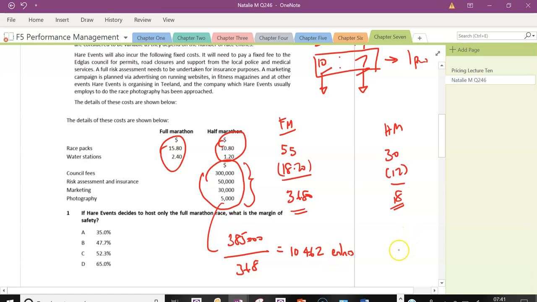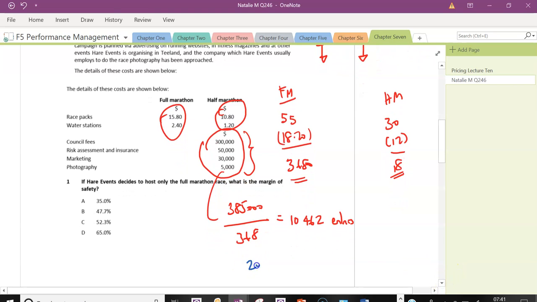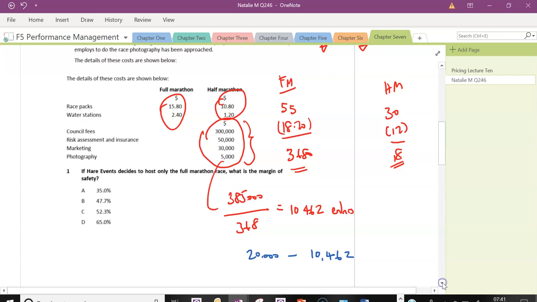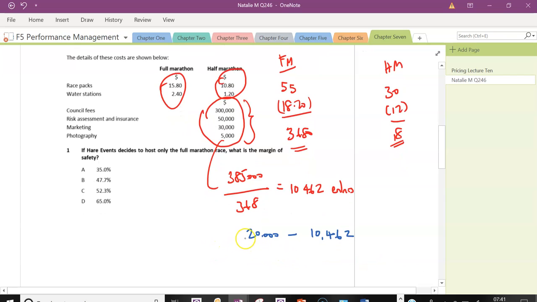We intend on selling 20,000. So if we intend on selling 20,000, therefore we are willing to go with a margin, if you like, of this as the difference. We are willing, basically this is our actual, or if you like our budget, this is what we plan to go for, and this is our break even.